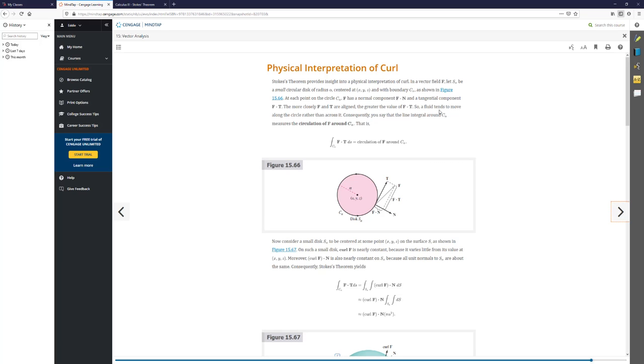So a fluid tends to move along a circle rather than across it. Consequently, you can say that the line integral around C sub alpha measures the circulation of F around C sub alpha. So if we did the line integral over C sub alpha of F dot t ds, that would be the circulation of F around C sub alpha.